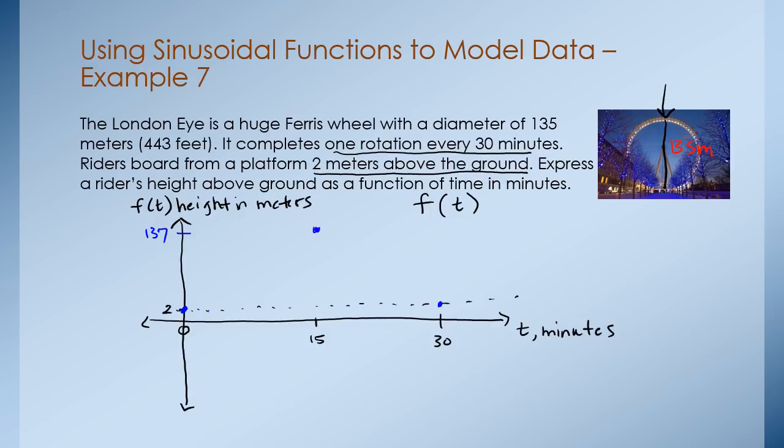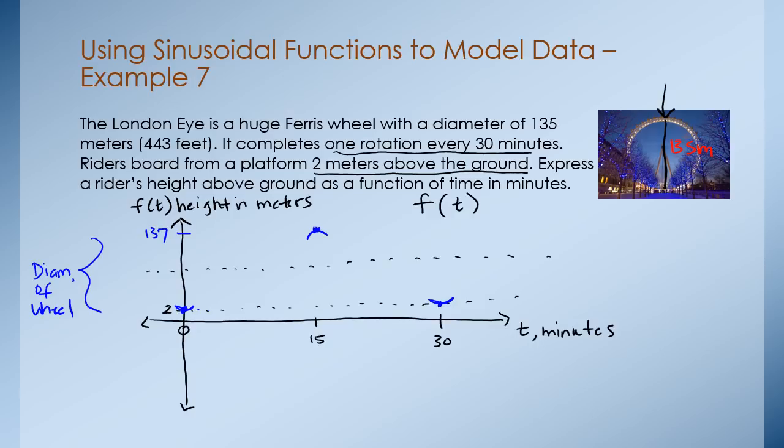So in between my high and my low is the diameter of the Ferris wheel. Okay, so that's got my low values and I've got my high values. All right, and now my midline. So without even calculating, I know my midline is going to be halfway between these two values.